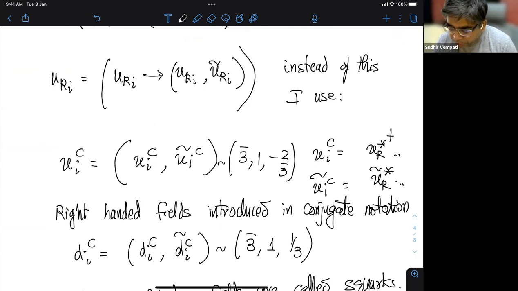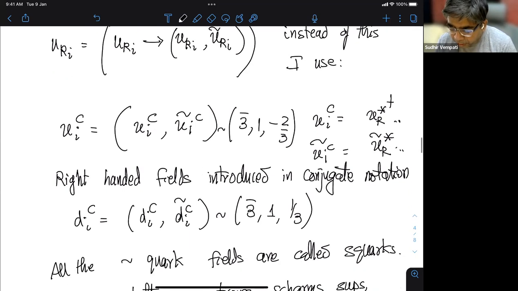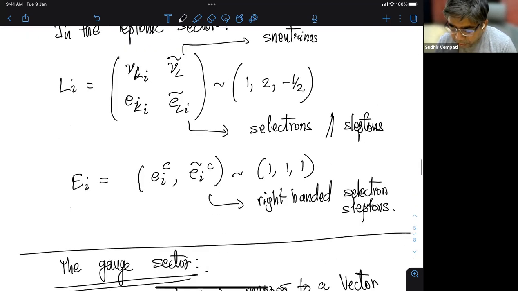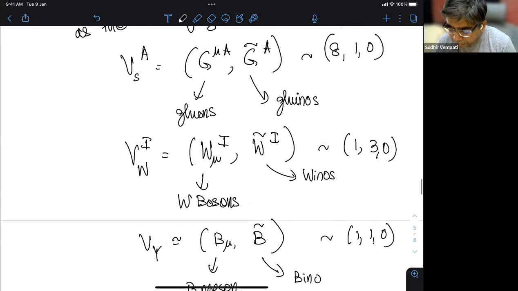The earlier map, what we did for QED, is the same: every fermion you replace with a chiral superfield, and every vector with a vector superfield.